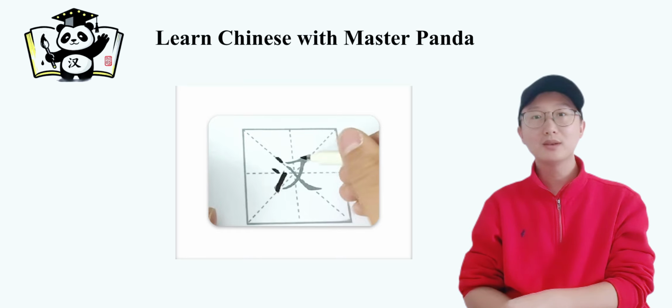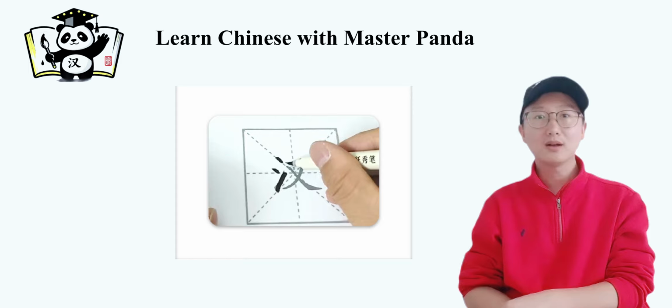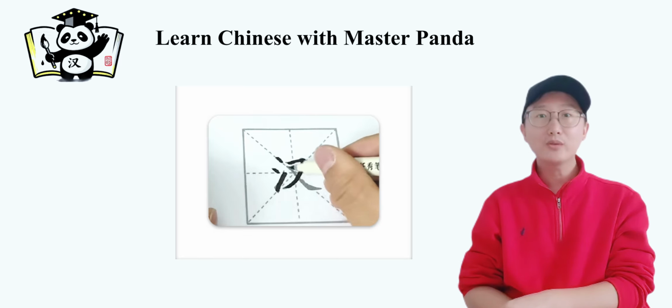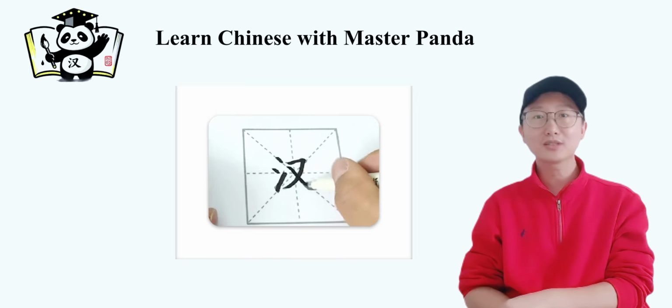It is written as a short 横, moving right, followed immediately by a sharp turn into a left falling 撇. We will learn this compound stroke in detail in a future lesson.